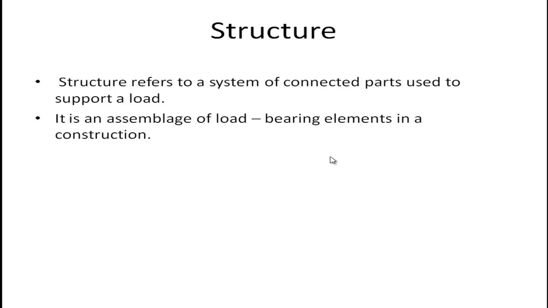To analyze a structure properly, certain idealizations must be made as to how the members are supported and connected together. The loading which comes on a structure is basically determined from codes and local specifications, which you will know in further classes. And the forces in the members and their displacements are found using structural analysis.